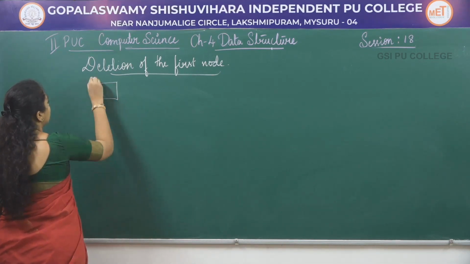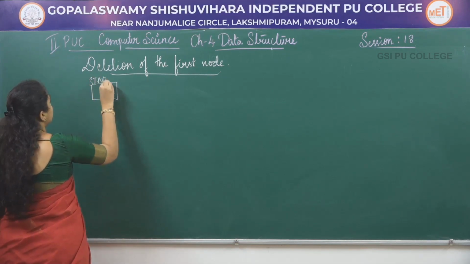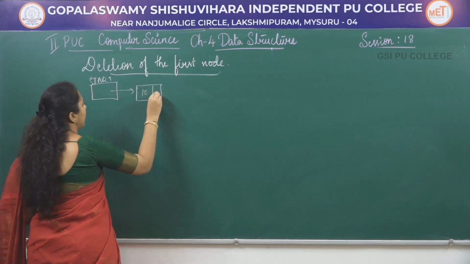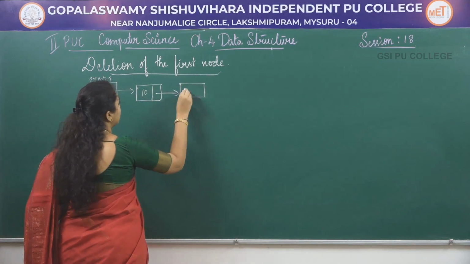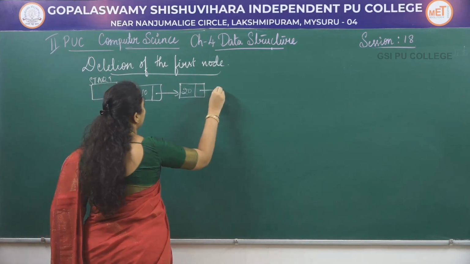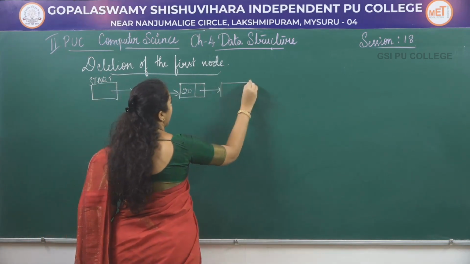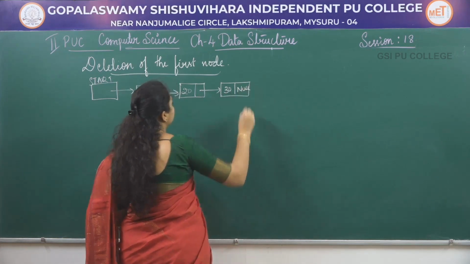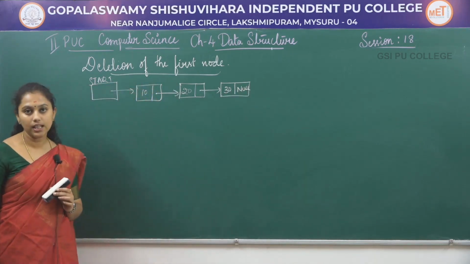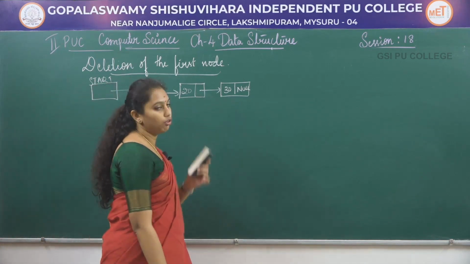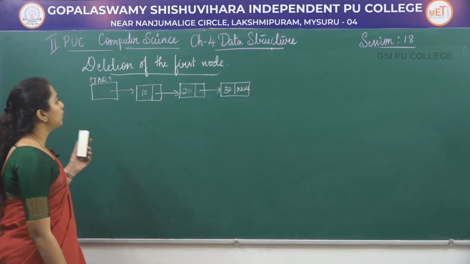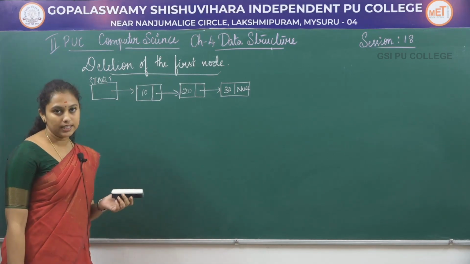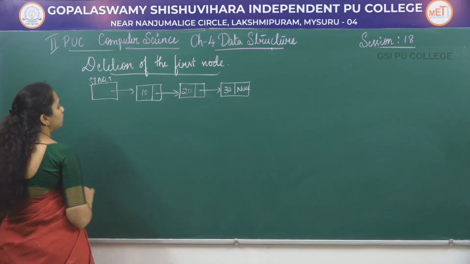See here, the start pointer contains the address of the first node, this first node contains the address of the second node, and the second node contains the address of the third node. The link part of the third node contains null, which represents the end of the linked list. Now we are going to delete the first node from the linked list. How to delete?